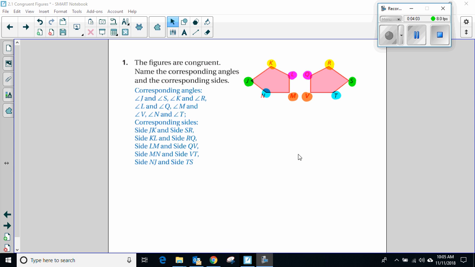Okay, let's go ahead and check your work. So I've color-coded and highlighted the corresponding angles, so go through and check yours with my answer key here.